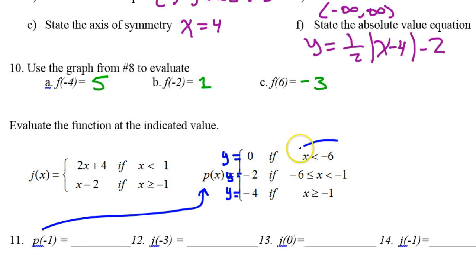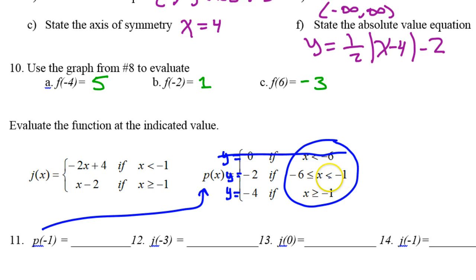The domain restriction part of the function will tell us which one of these 3 pieces to use. So our x value is -1. Is -1 less than -6? No. So we're not using the top part. Is -6 less than or equal to -1, which is less than 1?